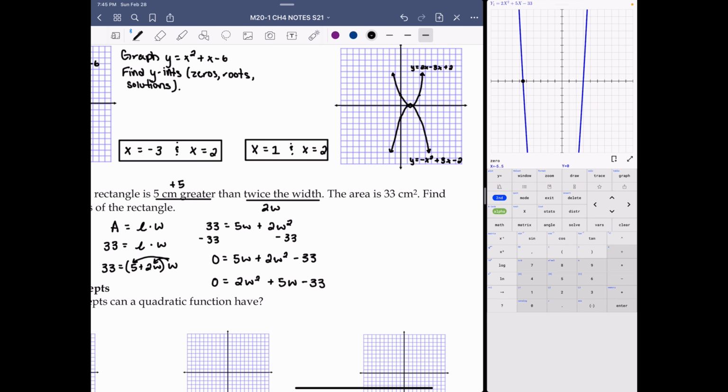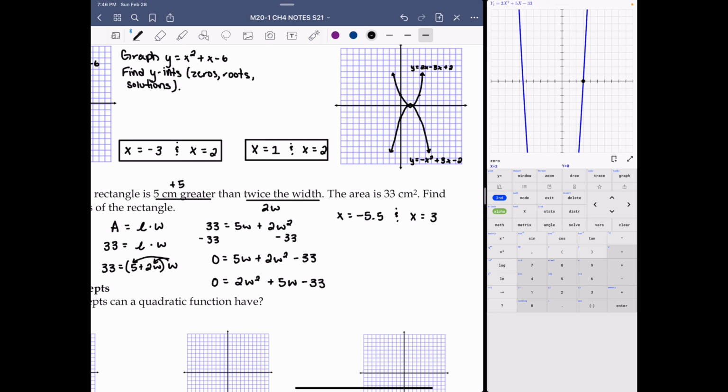And we get x equals negative 5.5. Second one, second trace, number 2, left of that x-intercept would be below, enter. Right of that x-intercept would be above, enter, enter again if you need to. We get x equals 3.